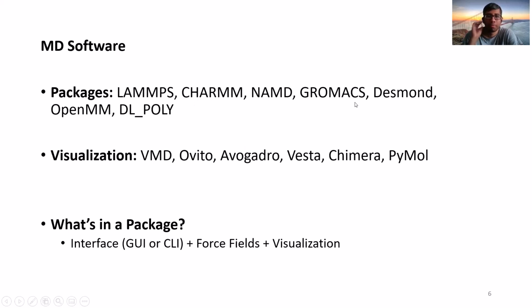If you are trying to solve a material science problem, you'll probably use DL_POLY or LAMMPS. LAMMPS is a common ground for material science and biomolecular simulation because it supports a lot of systems in both.